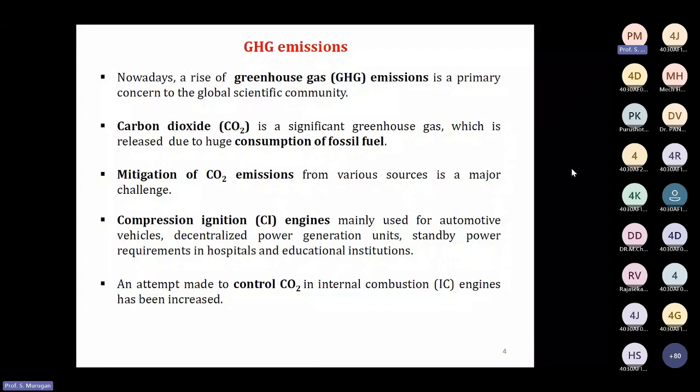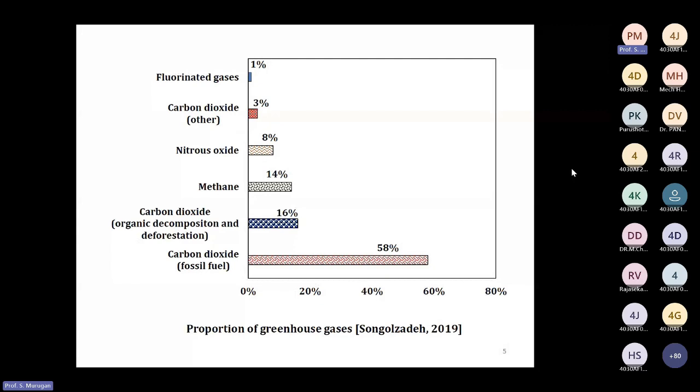Now, if you see this proportion of greenhouse gases, various greenhouse gases I told, like carbon dioxide released by combustion of fossil fuel, carbon dioxide released due to human activities like organic decomposition and deforestation, then methane, nitrous oxide, carbon dioxide from other activities like agricultural areas, you will get some burning of agricultural residues.